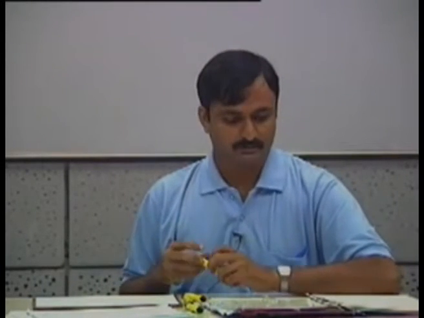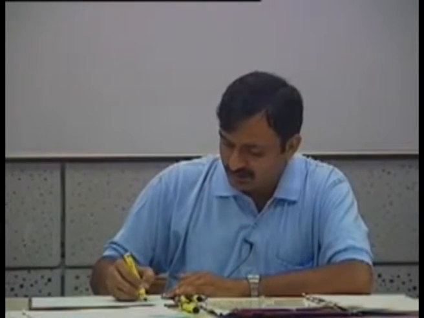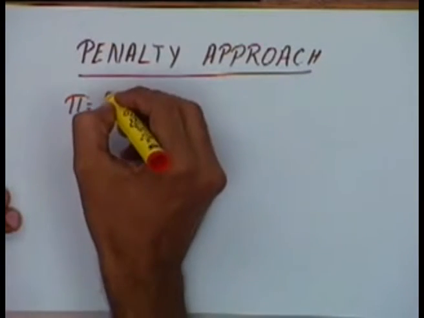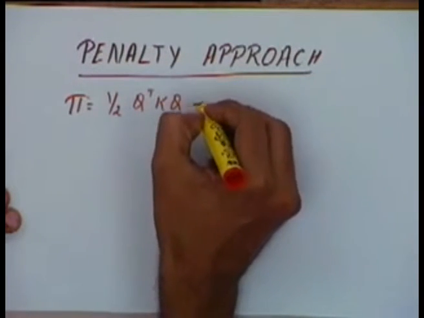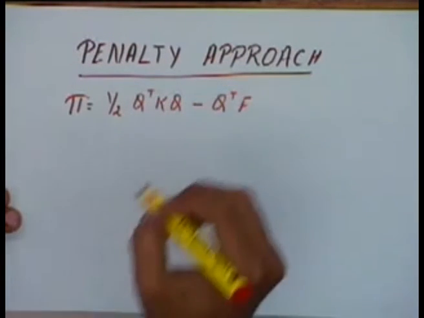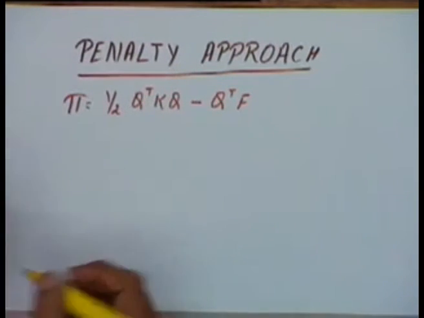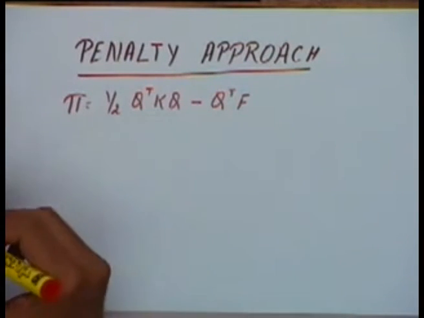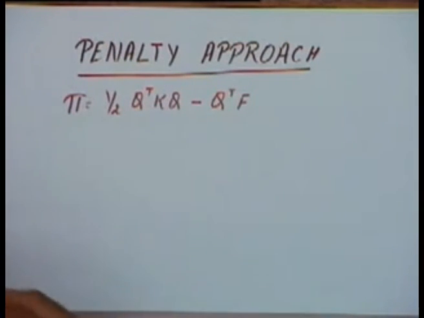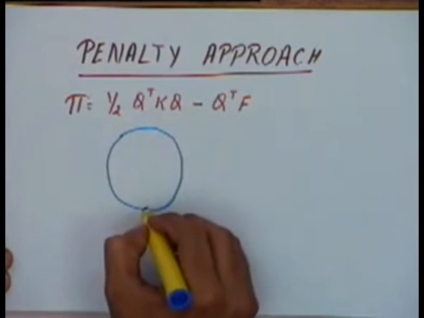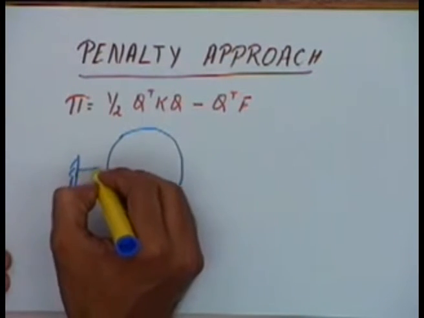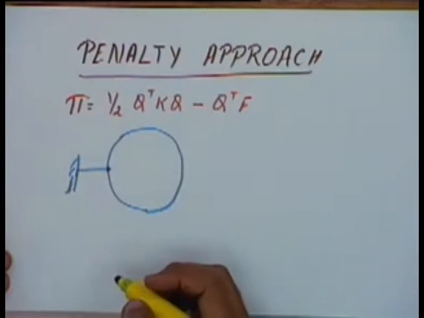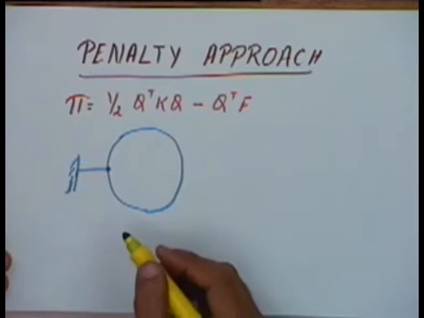If we look at the potential energy expression that we had earlier in the Rayleigh-Ritz method, we said that the potential energy pi will be equal to half of q transpose K q minus q transpose F. For this we had, let us say, some body, and on this body we are considering a constraint that some node over here is fixed or has a fixed displacement.